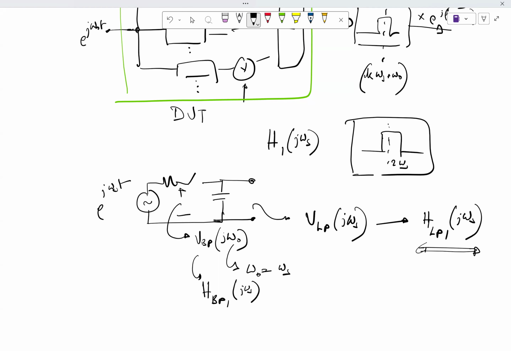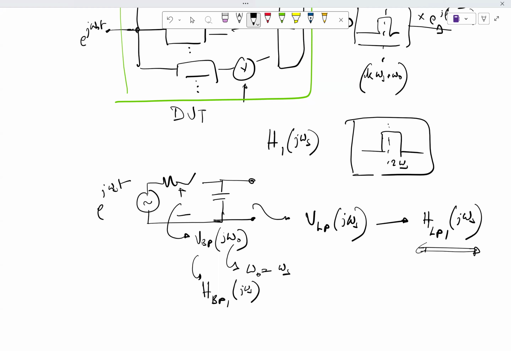You got notches at multiples of omega s, if you recall, because there was a zero order hold operation. Because of that zero order hold, you were getting notches at multiples of omega s when observed across the capacitor, not on the other end of the switch. That's an important distinction to make, right? Your HBP1 j omega s will have a finite value, but your HLP1 j omega s will be absolute 0.